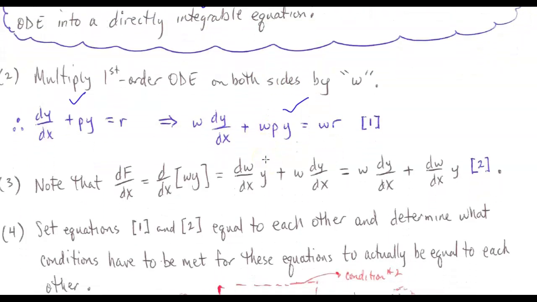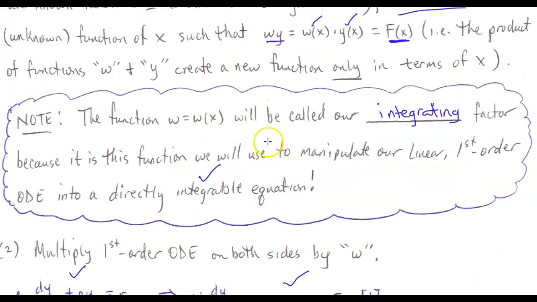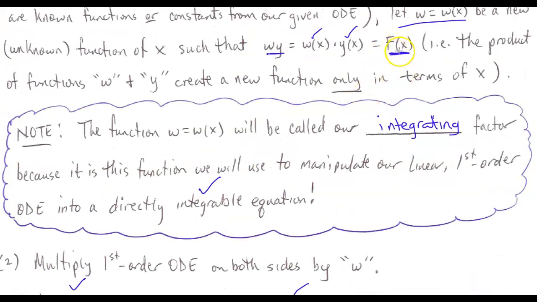And the second thing that we note here is big F of x, and let's go back to what that was here. Remember, this is big F of x here, the product of these two functions, the integrating factor and what our solution is going to be. Now, if we take the derivative of big F of x, notice that we're going to use the product rule here.